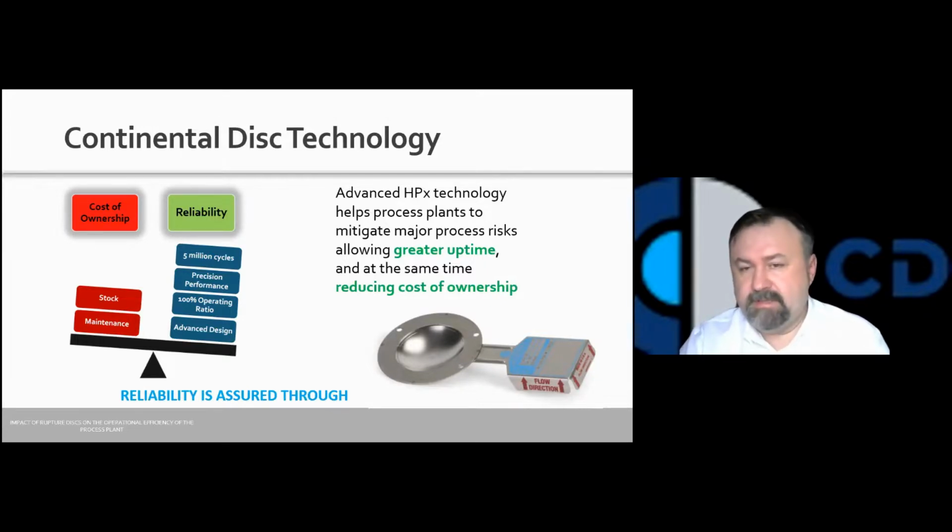Yes, the rupture disc is there, it provides safety and we have to live with it, and our processes are limited by the performance of our pressure safety equipment. I wouldn't say this is no longer the case, but we now have a unique chance to look at what additional opportunities we have to optimize our processes.